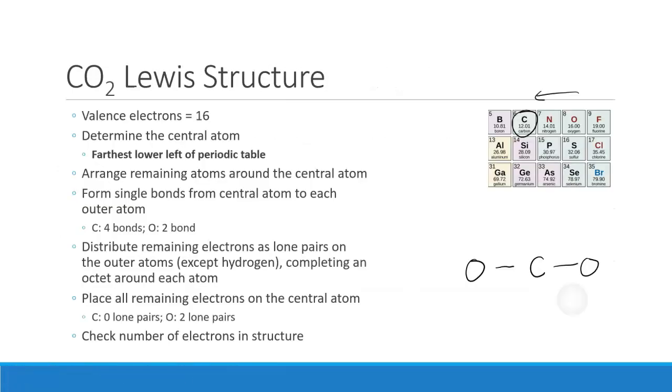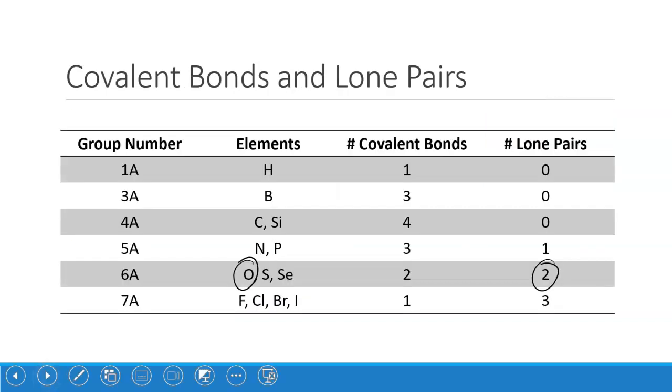So I'm going to add 2 lone pairs to each oxygen atom, and it doesn't particularly matter where you add them, as long as it's not between where the line is. Typically I would add any remaining electrons to the carbon, but carbon should not have any lone pairs based on that table. Remember, carbon here should have 4 bonds and 0 lone pairs.